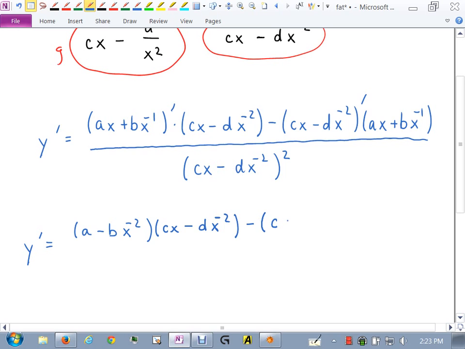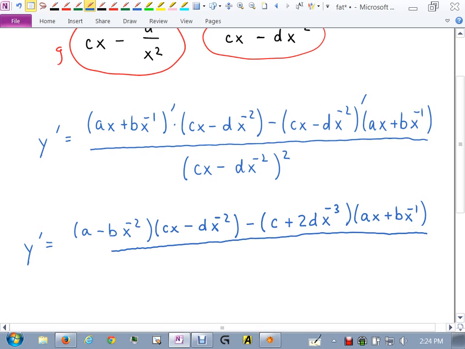C plus 2d x to the negative 3, times ax plus bx to the negative 1, all over cx minus dx to negative 2.